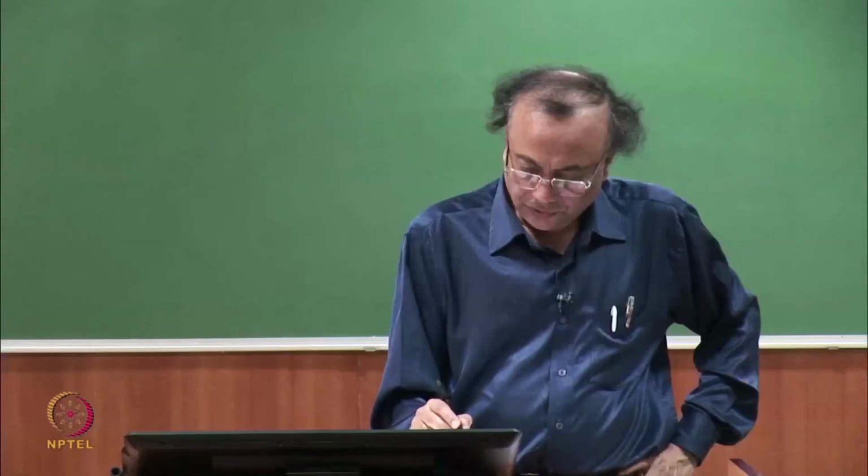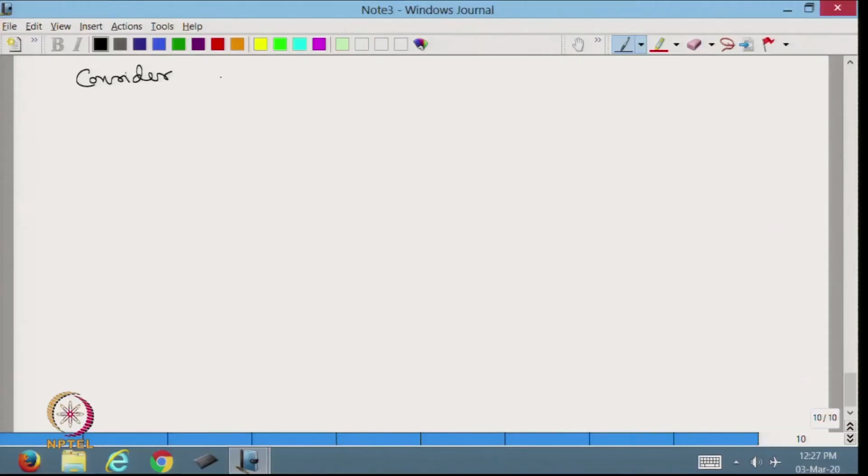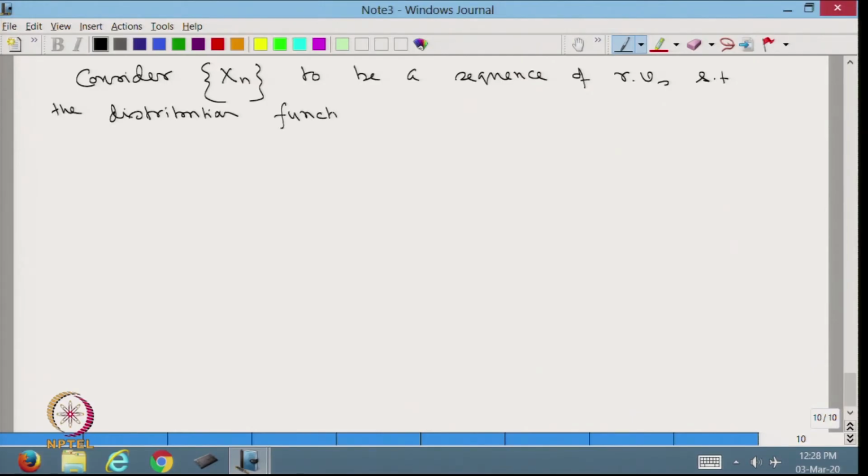Now, consider Xn to be a sequence of random variables such that the distribution function of Xn is Fn.